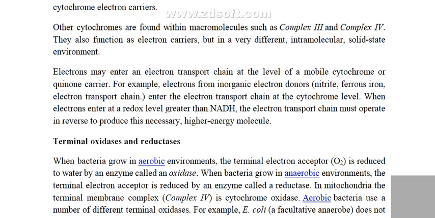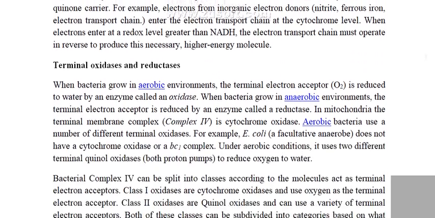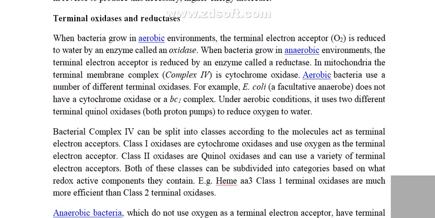Electrons enter the electron chain at the level of the mobile cytochrome or quinone carrier, and then they transfer the electrons to another level, where electrons enter at a redox level greater than NADH. So it operates in a cascade, in stepwise steps in which the electrons are transferred. Now the terminal oxidases and reductases. When bacteria grow in an aerobic environment, the terminal electron acceptor is oxygen, which is reduced to water by the enzyme oxidase.